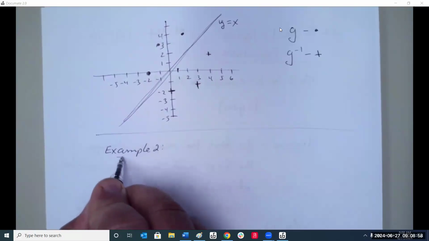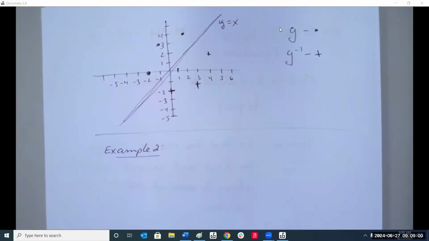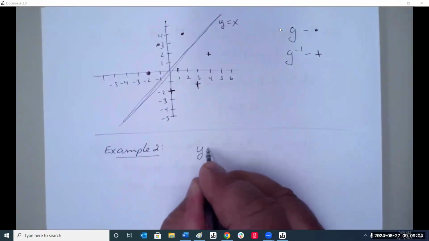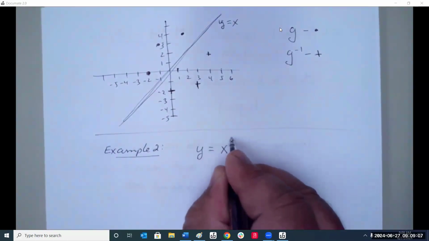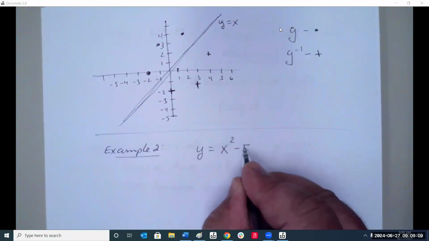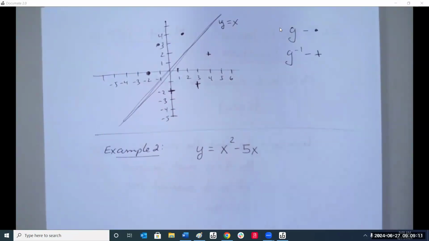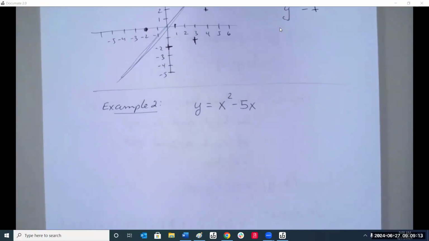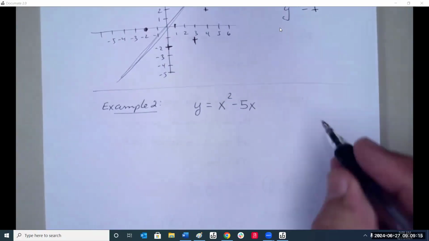Example 2. Find the equation for the inverse of the relation. Okay, here are the steps.